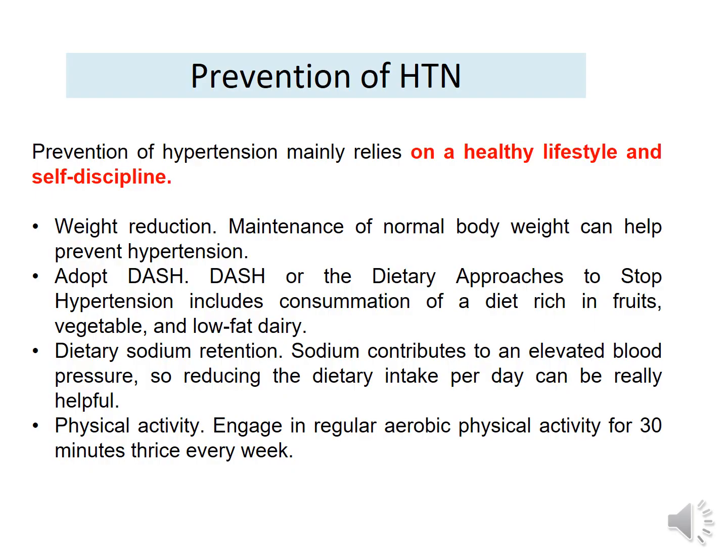Adopt DASH. DASH is the dietary approach to stop hypertension. This abbreviation includes consumption of a diet rich in fruits, vegetables, and low-fat dairy, and also low sodium intake, which means decreasing total sodium intake per day.